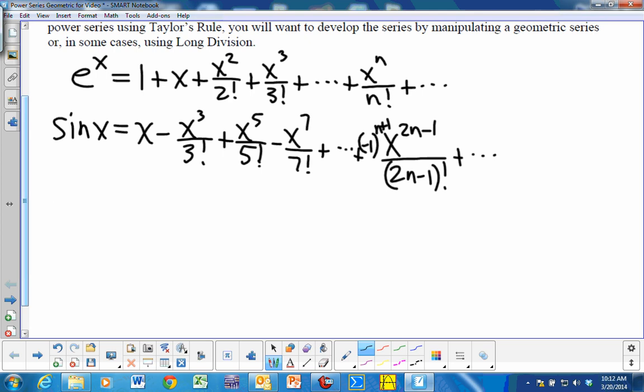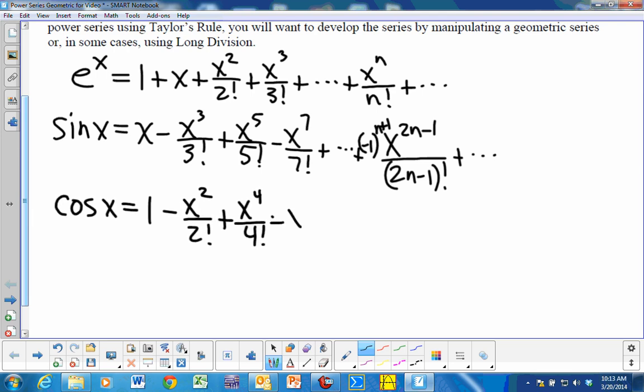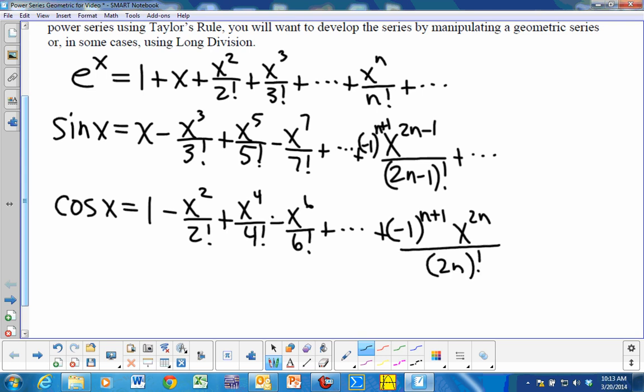And then cosine, and another way to remember that one is it's an even function, so it's going to be the one that has all the even powers, and both of them are alternating, so we do need to remember that. And then it's a little easier to write. You're going to have the multiplier, and this time, still n plus 1, so we have x to the 2n over 2n factorial.